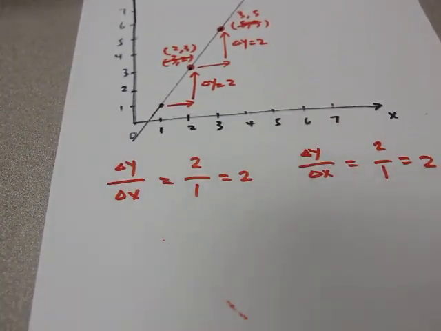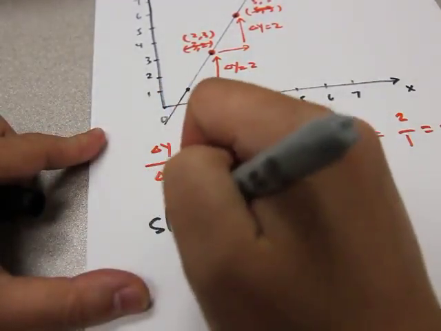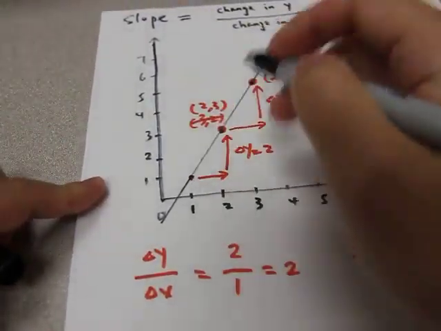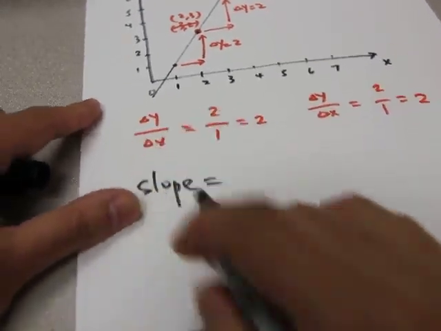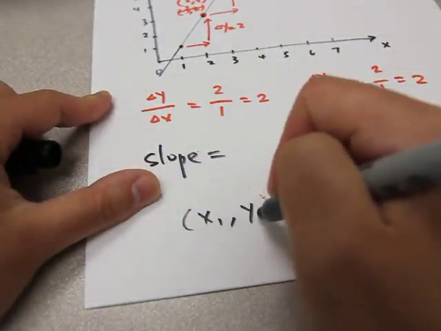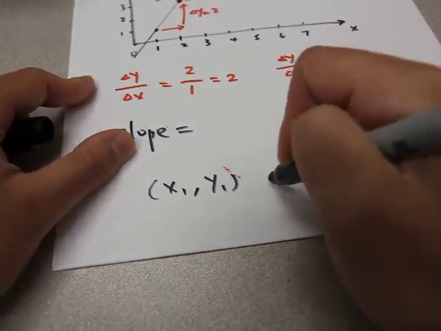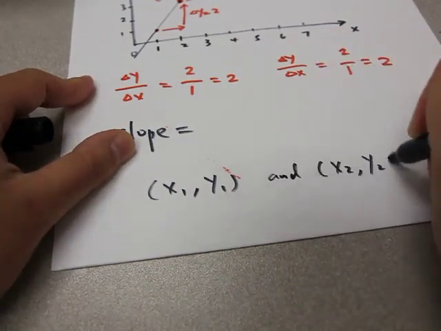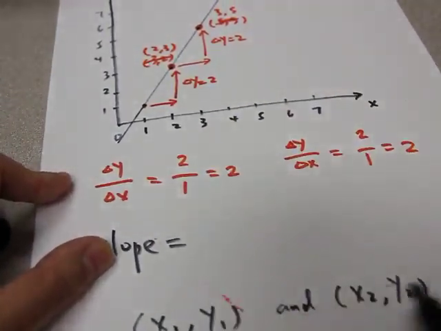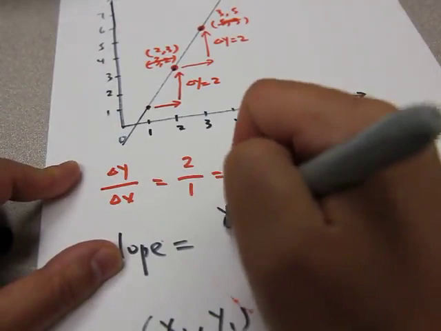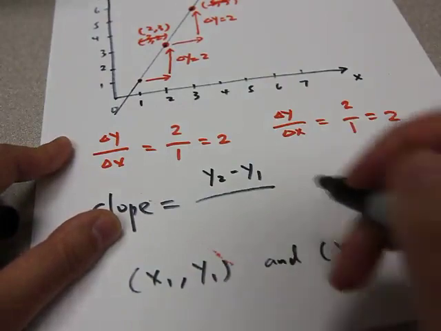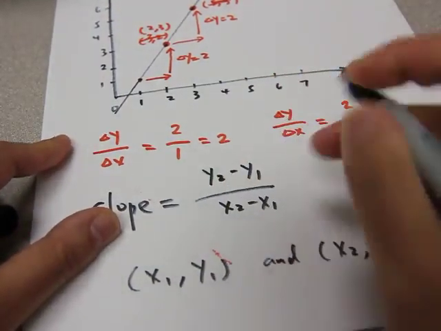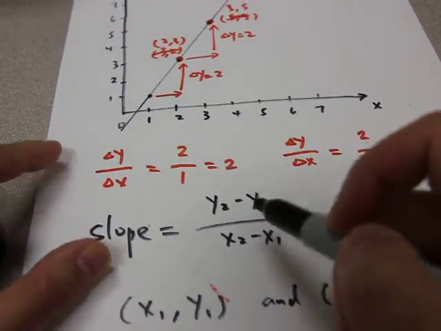And also, there is another definition of a slope. If we pick any 2 points on the straight line, let's call one point x1, y1 and another point x2, y2, we compute the difference of y2 and y1 and divide by the difference of x2 and x1.